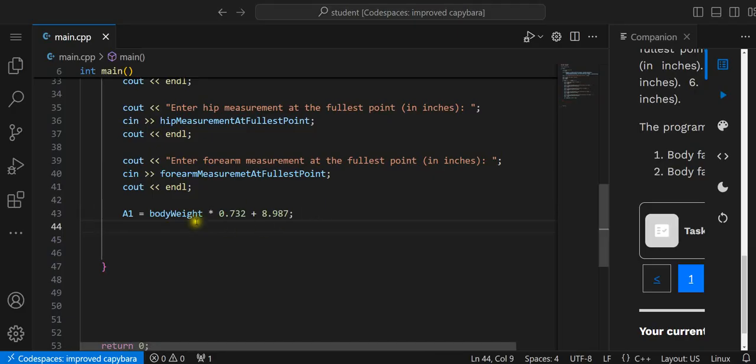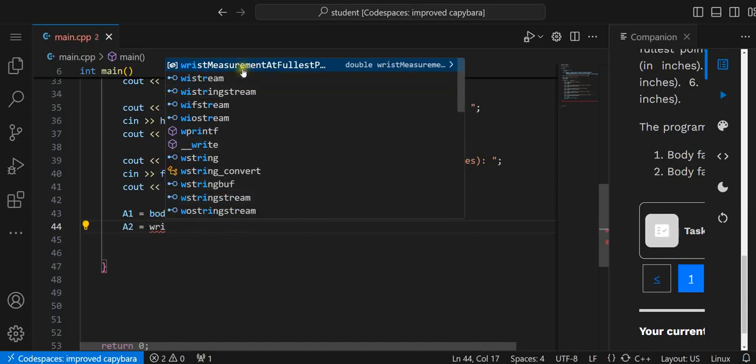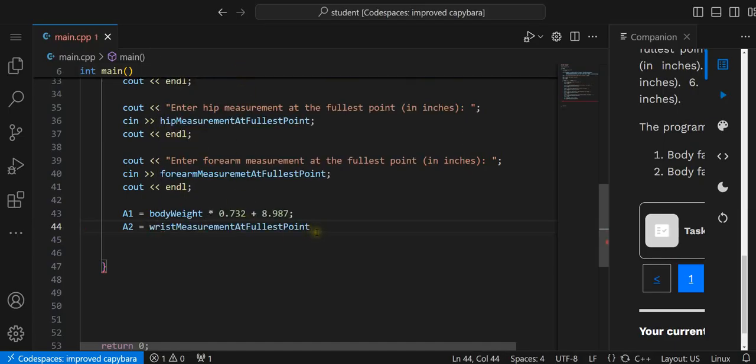A2 equals body weight times wrist measurement at fullest point divided by 3.140.